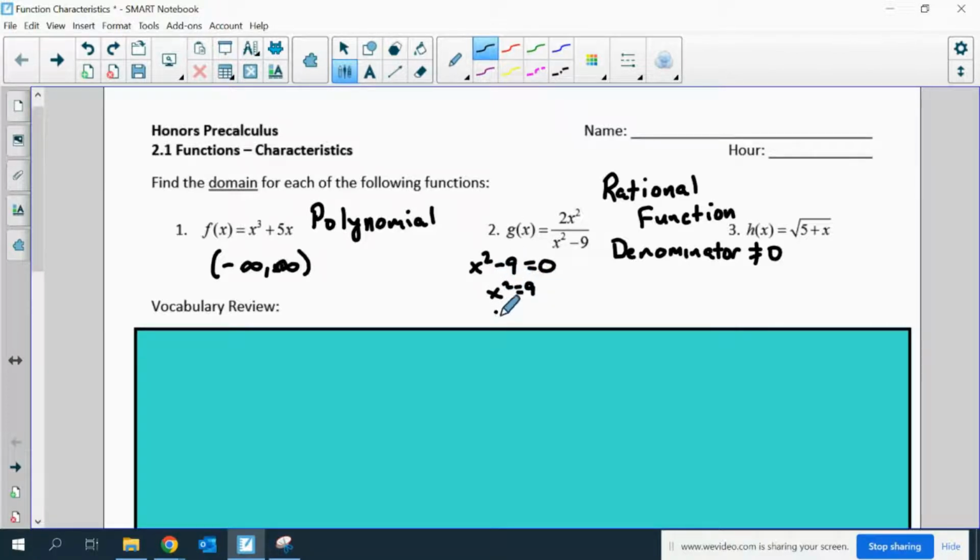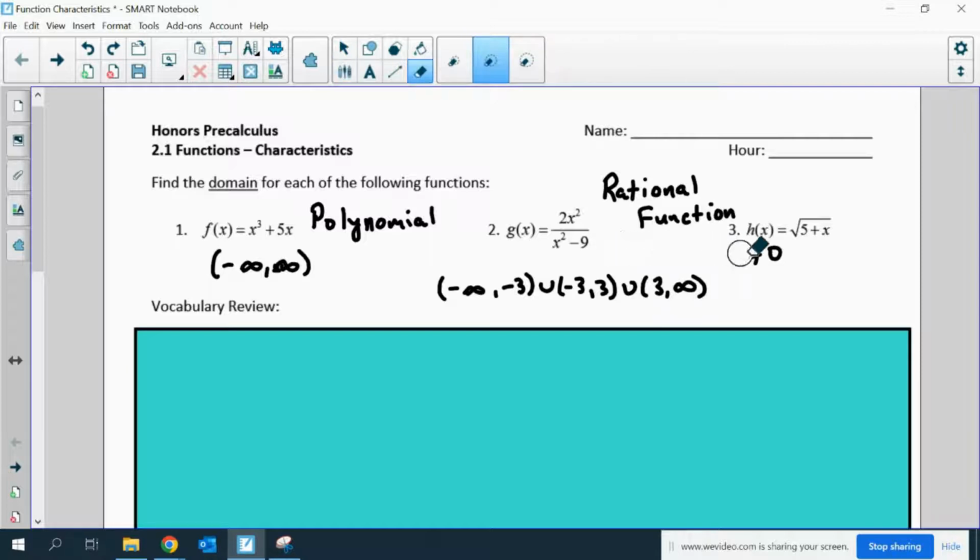And then when we take the square root, we get x equals plus or minus 3. So the function cannot have positive or negative 3 substituted in. Therefore, the domain of number 2 would be negative infinity to negative 3 union negative 3 to 3 union 3 to infinity. There are no restrictions on the numerator of a rational function.